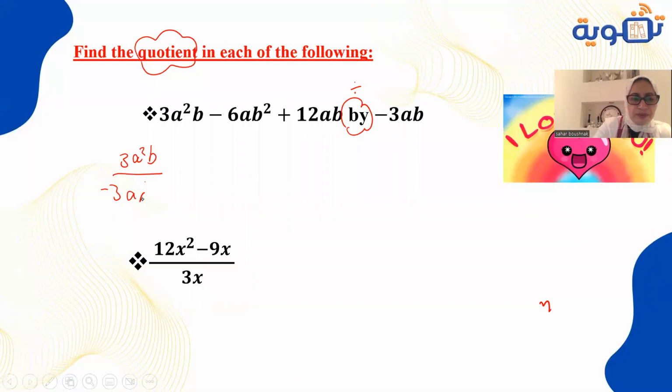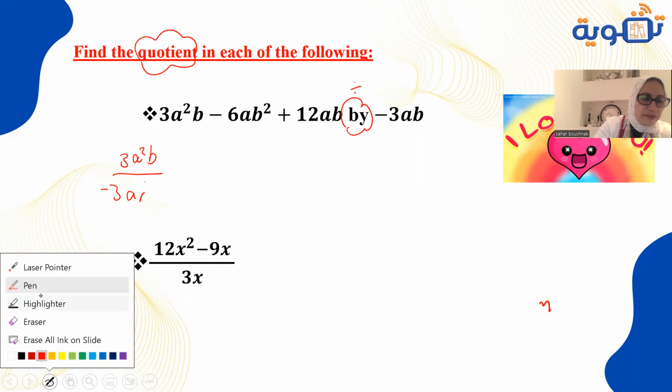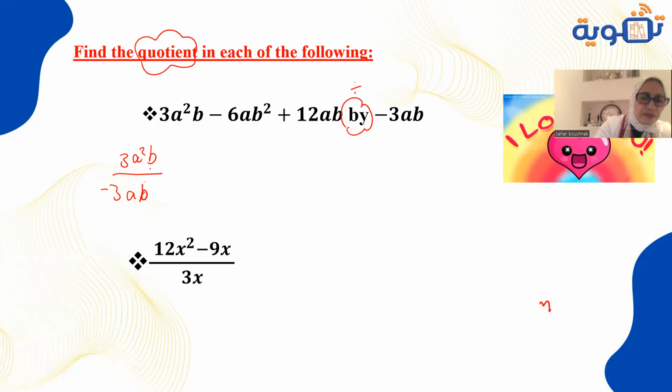minus 6a to the power 2 b over 3ab plus 12ab over 3ab. Then I'll get the answer. 3 divided by negative 3 will be negative 1.